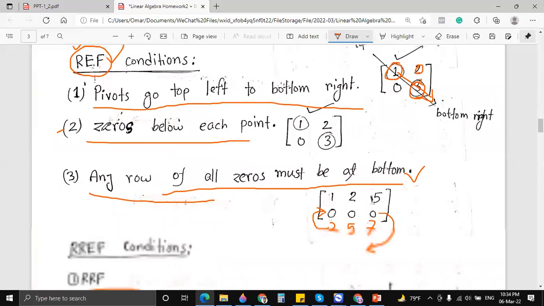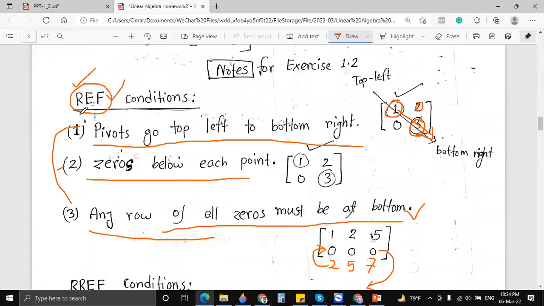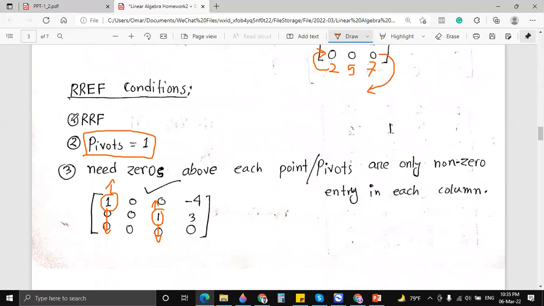So we see that all the three conditions of REF it satisfies, okay? And now let's see all the conditions of RREF. The first condition is it must be a REF, or row echelon form. So yeah, it is a REF, and all the pivots need to be 1.